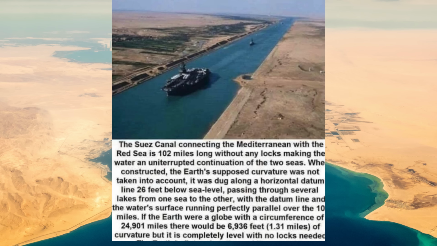It was dug along a horizontal datum line 20 feet below sea level, passing through several lakes from one sea to the other, with the datum line around the water's surface running perfectly parallel over the 102 miles. If the Earth were a globe with a circumference of 24,901 miles, there would be 6,936 feet or 1.31 miles of curvature, but it is completely level with no locks needed.